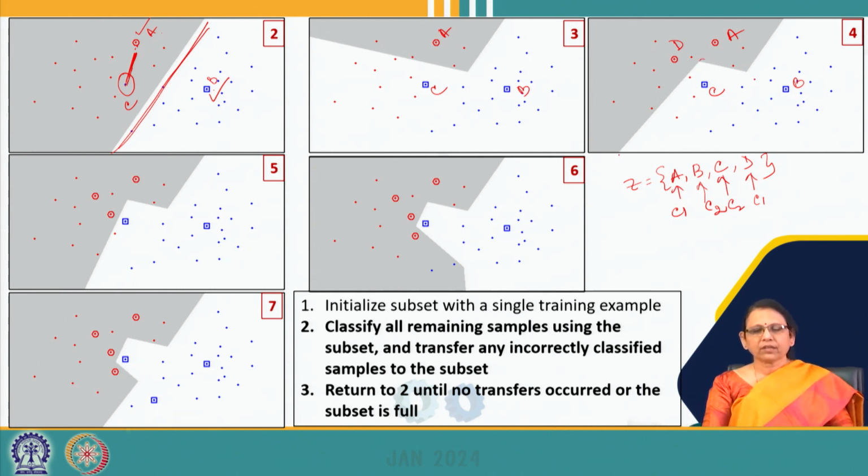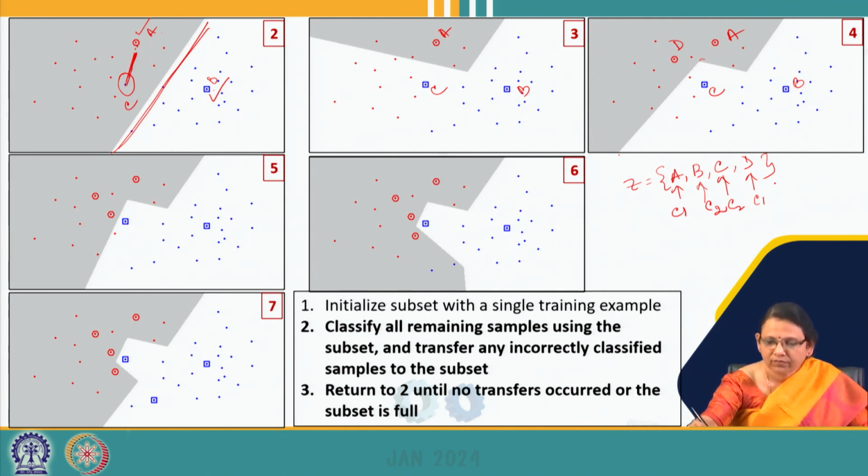So, this way you keep on comparing with this Z and find out with the remaining points whether they belong to the red class or the blue class.